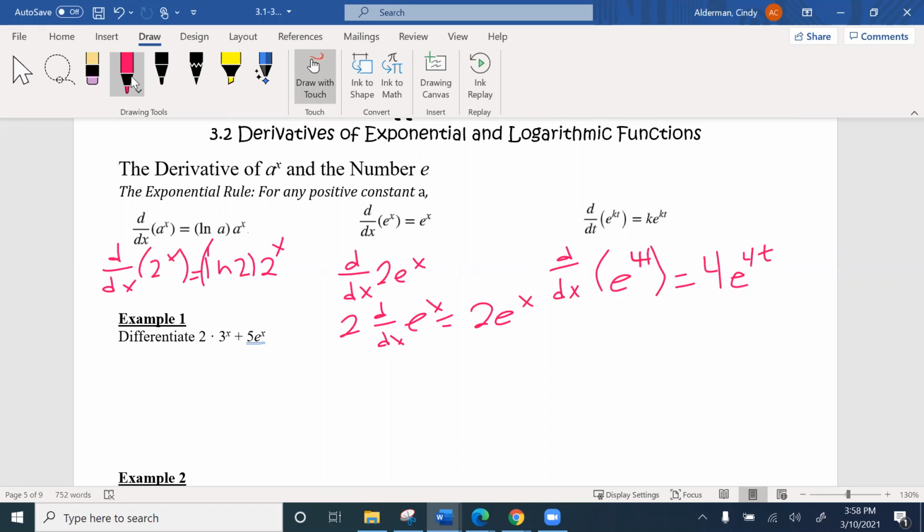Okay, so let's take a couple of these rules and put them together. So if we differentiate 2 times something, then that's the same thing as 2 times the derivative of 3 to the x power. And then using sum and difference, and then now constant multiple again, 5 comes out, d over dx of e to the x.